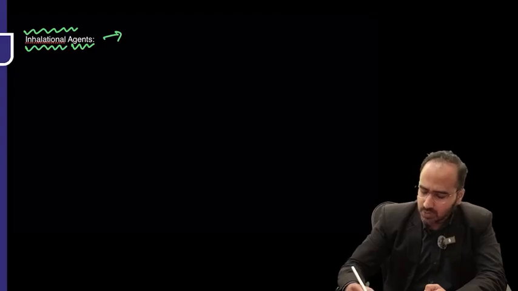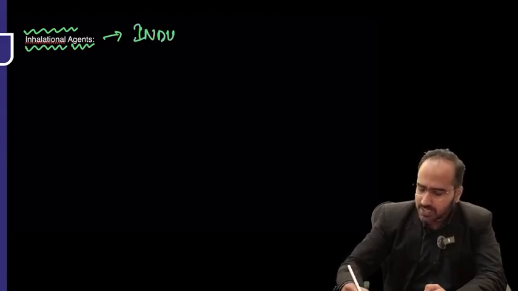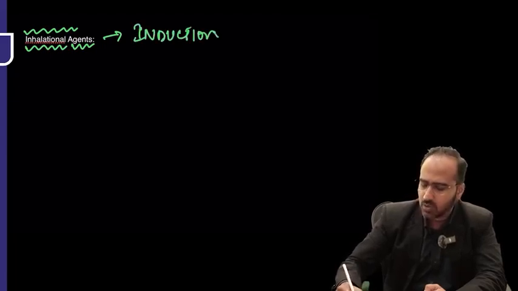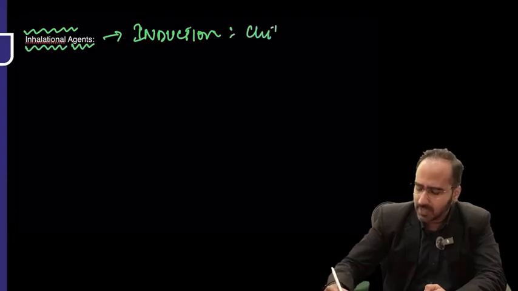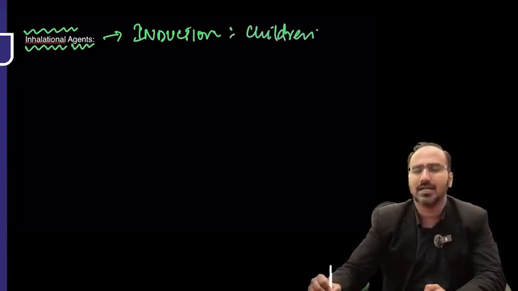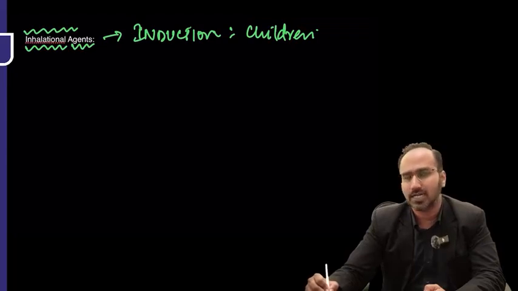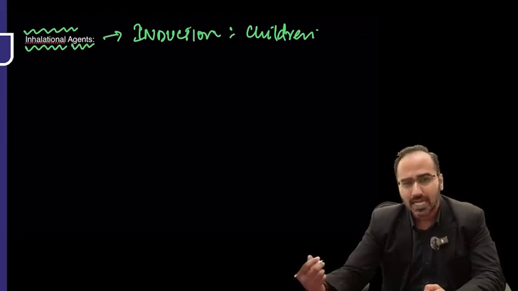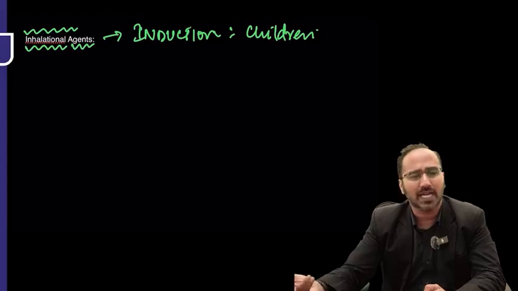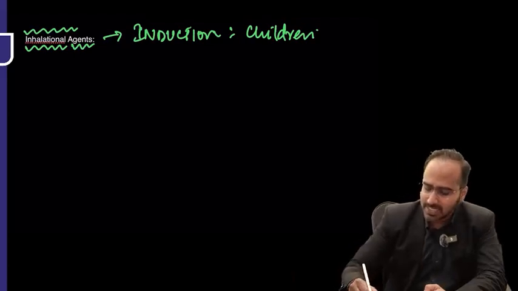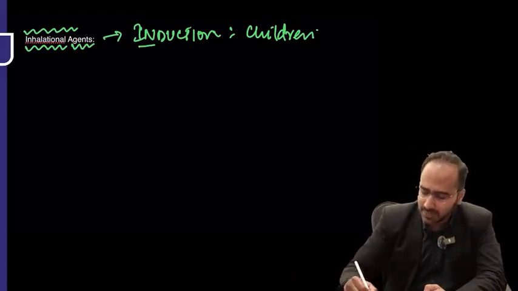Remember, inhalational agents are used for induction only in children. Why? Because giving an IV induction agent is difficult in children: it requires an IV cannula, and if the child is not allowing you to put one in, you can't give IV. So in children, inhalational agents are used for induction.